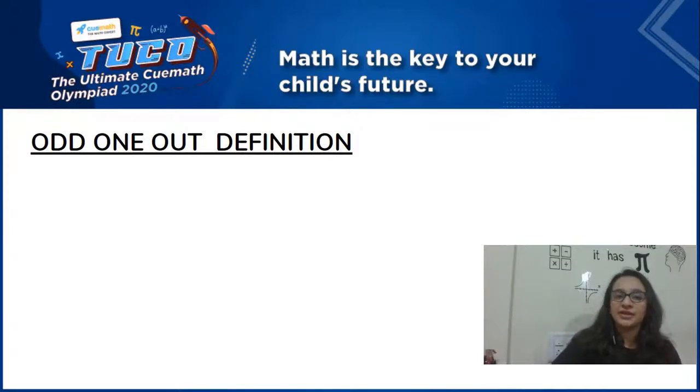If they're able to figure out the odd one out, that's well and good. Then the next step is to ask them to categorize those objects into different categories: which category the major section of objects belongs to, and which category the odd one out falls into. So the first step is to figure out the odd one out, and the second step is to categorize them into different categories.